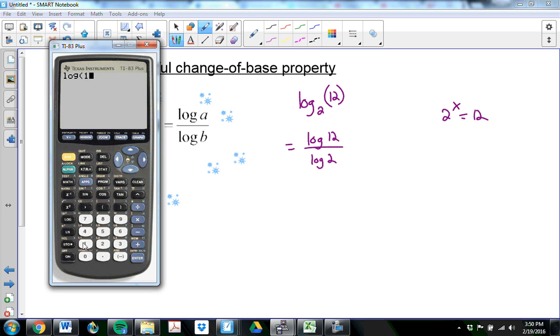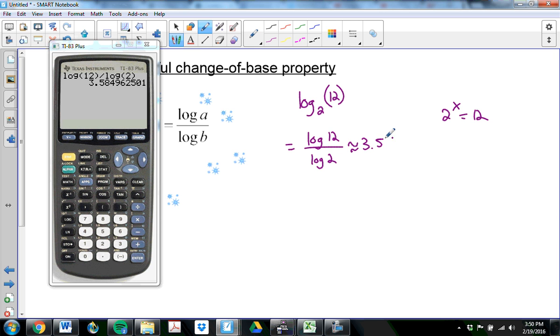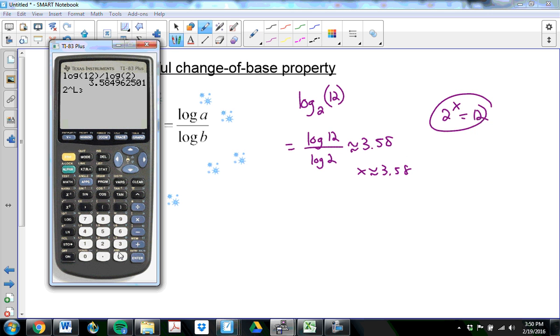Log of 12 divided by log of 2 is 3.58. So in 2 to the x equals 12, x is about equal to 3.58. If I do 2 to the 3.58, 2 to the previous answer, I get 12.